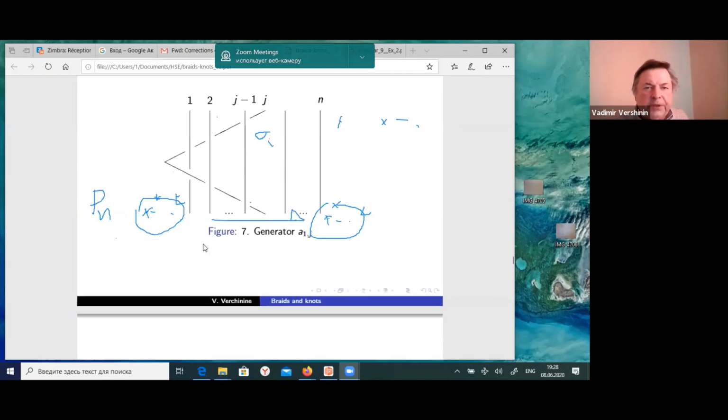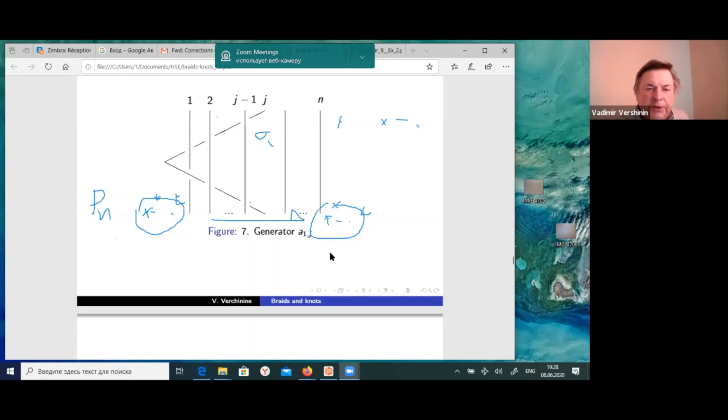So for simplicity, this is the first one. Let us consider a braid such that it starts with number j, and goes around number 1, but in principle it goes around number i.